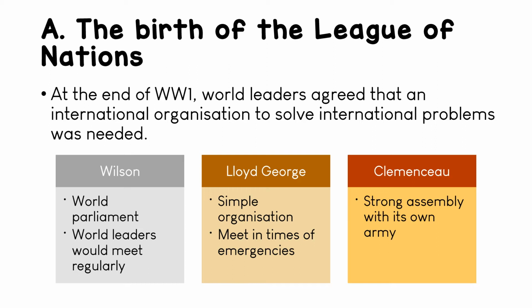And Clemenceau, the French Prime Minister, wanted the League of Nations to be a strong assembly that had its own army. In the end, the winning view was that of Wilson. So the League of Nations was born as this world parliament where nations could meet regularly to try to find solutions to problems.